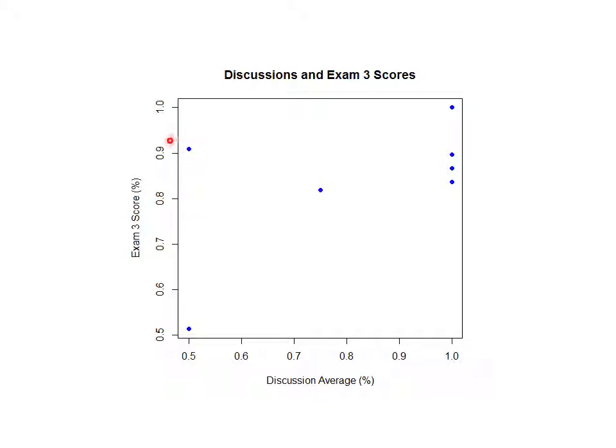There's one outlier here. Someone was not doing very well on the discussion scores, but got an A on Exam 3. If we remove that one outlier, there is still a fairly linear relationship, what we would expect, right? That as you go from doing well on the homework, you would also do well on Exam 3.